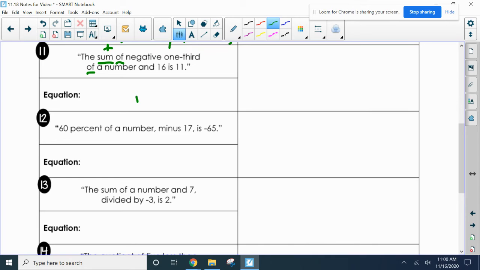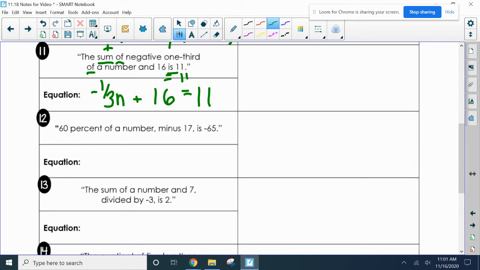So the sum of negative 1/3 of a number and 16. As long as you have 1/3 of a number, we know we're multiplying 1/3 and a number. Whether you have that or 16 first doesn't matter, because our commutative property says the order doesn't matter in addition. So as long as you're adding negative 1/3 times the number and 16 and saying that it is equal to 11.